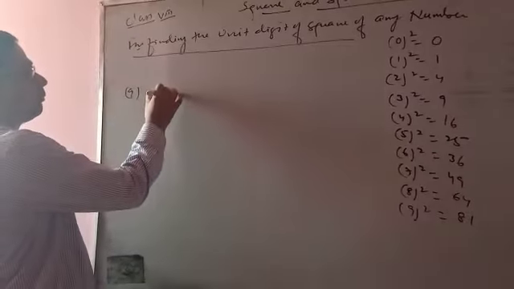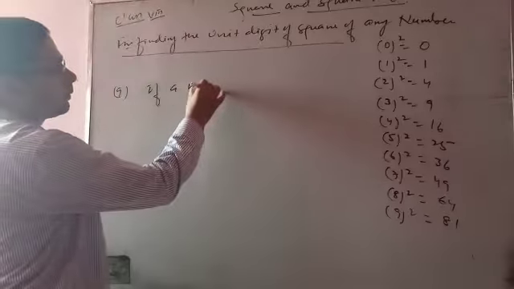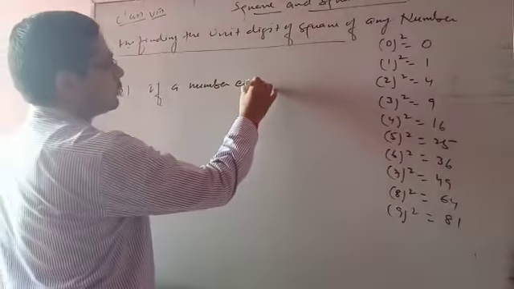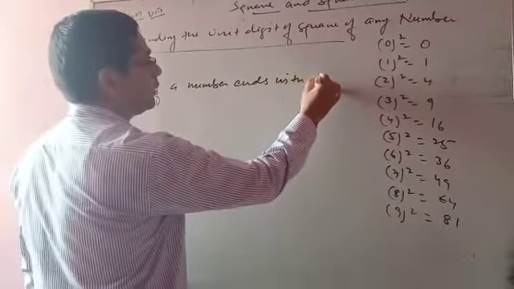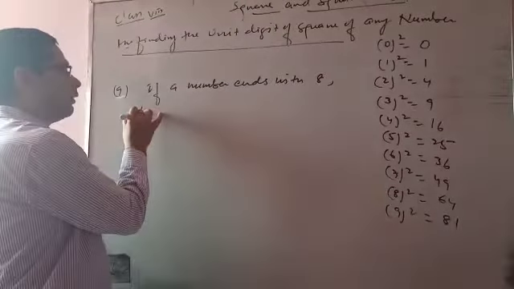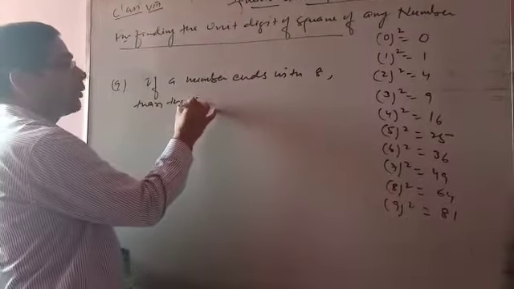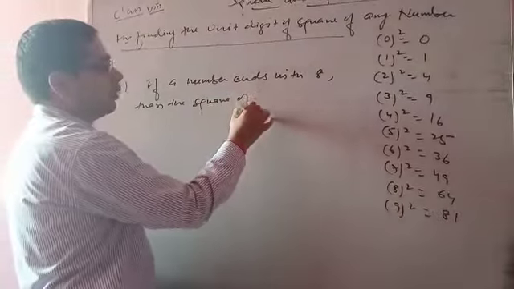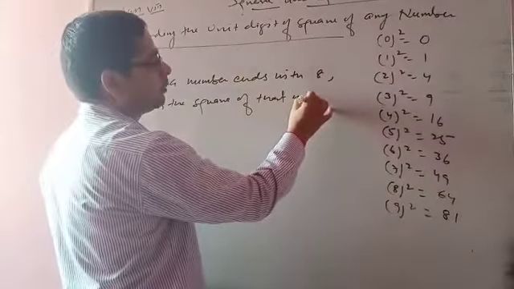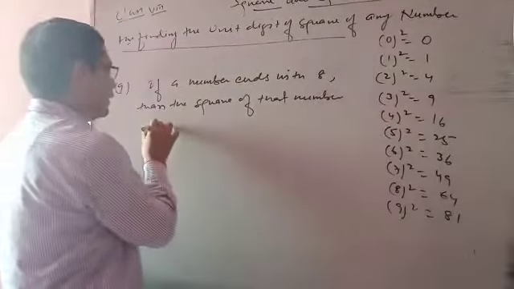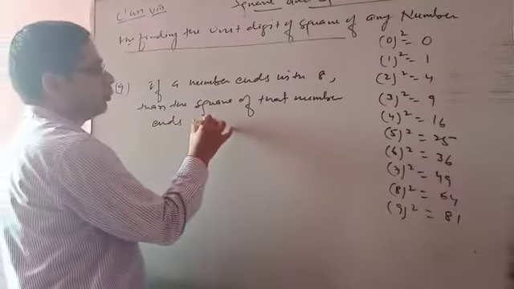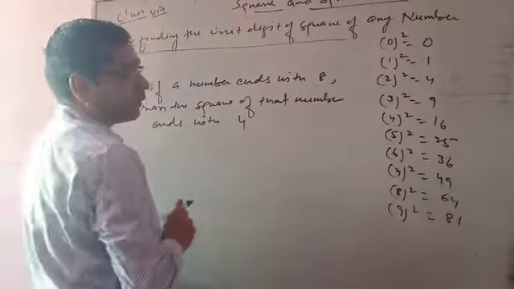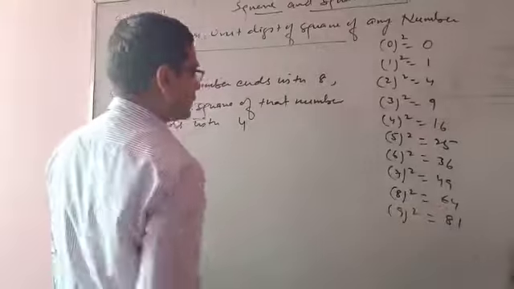9th property, if a number ends with 8, then the square of that number ends with 4. 8 का square 64.